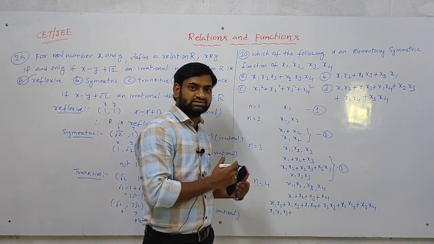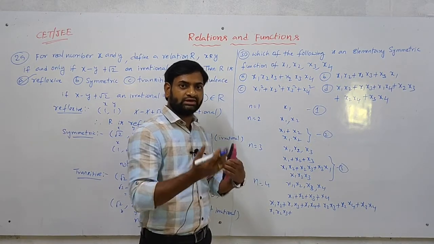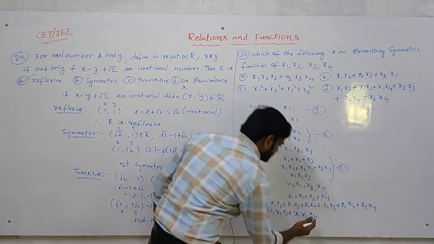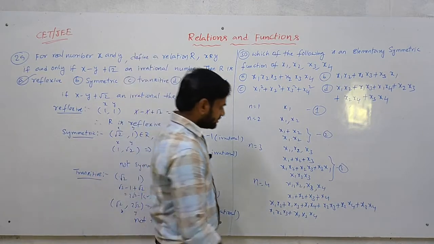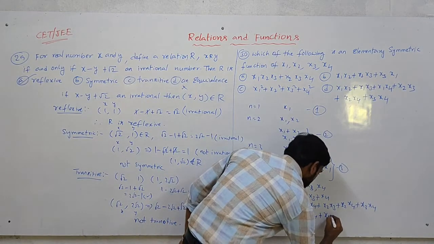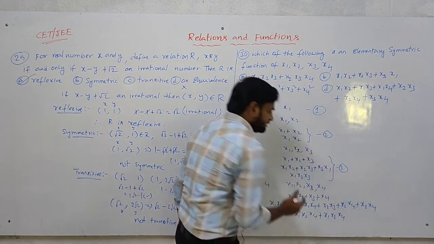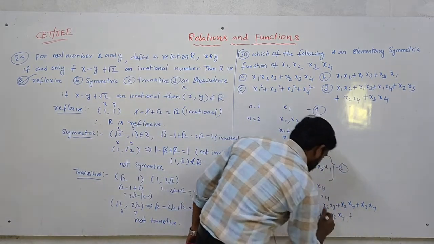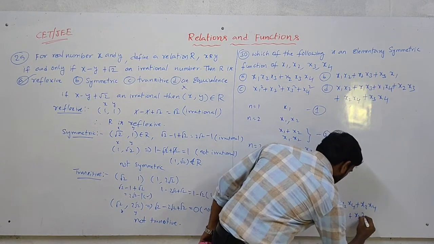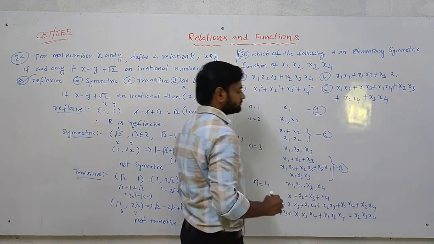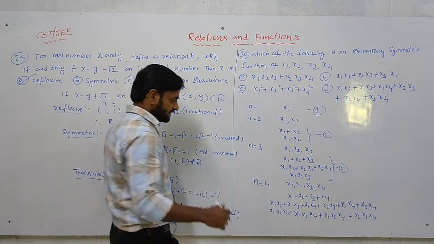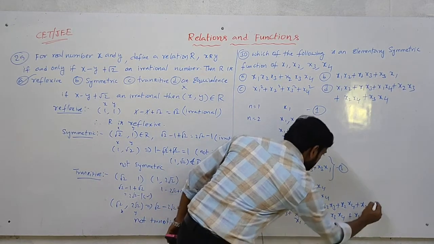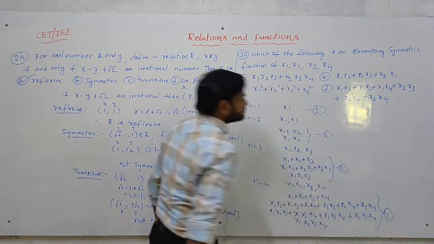Later I will miss x3, later x2, later x1. That is x1 x2 x4, missing x3. Next plus x1 x3 x4, here I am missing x2. Later, finally, x2 x3 x4, missing x1. Finally, the last one is x1 into x2 into x3 into x4. These are 4 symmetric functions.